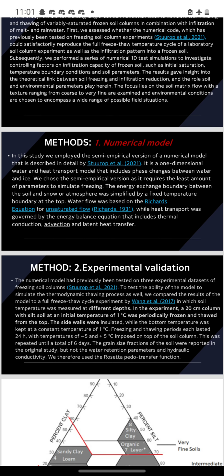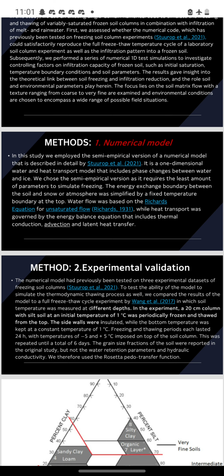The numerical model has previously been tested on experimental data sets of freezing in columns, to test the ability of the model to simulate the thermodynamic thawing process, as well as to compare the results of the model with the full freeze-thaw cycle experiment in 2017, in which soil temperature was measured at different depths.